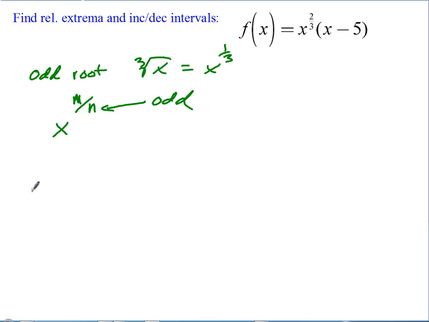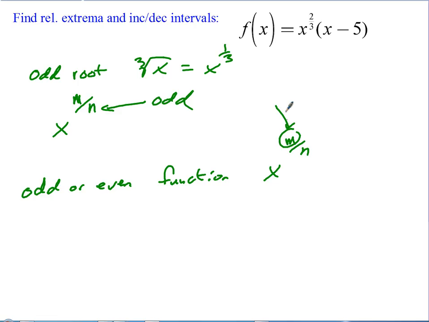But an odd or even function occurs when we're looking at the numerator, because that's the power.